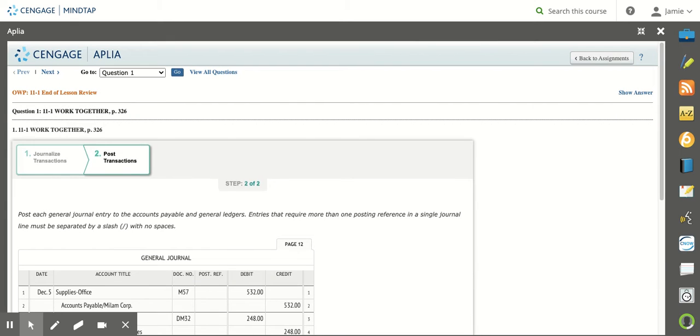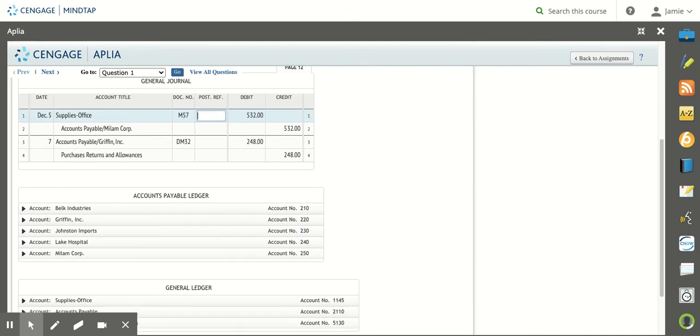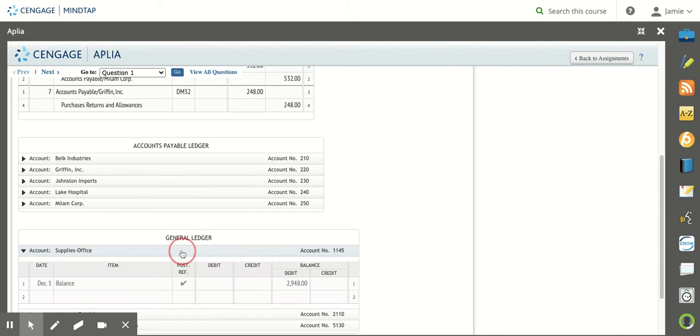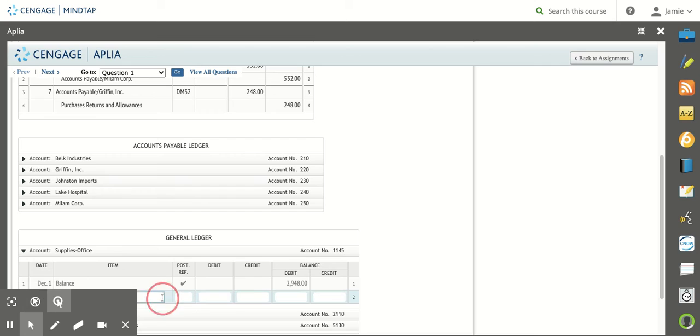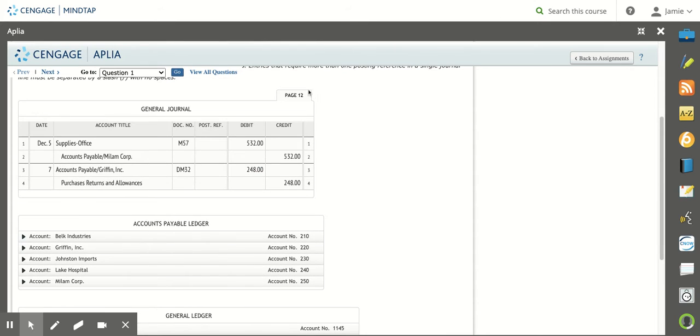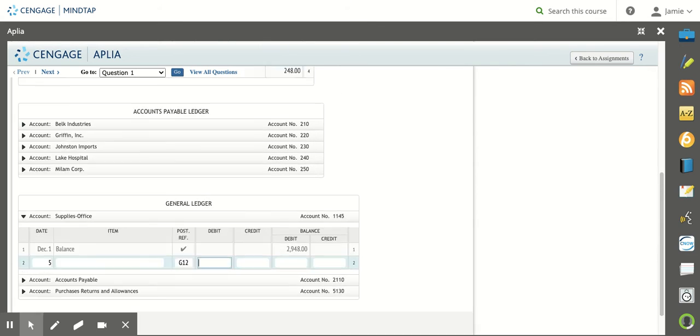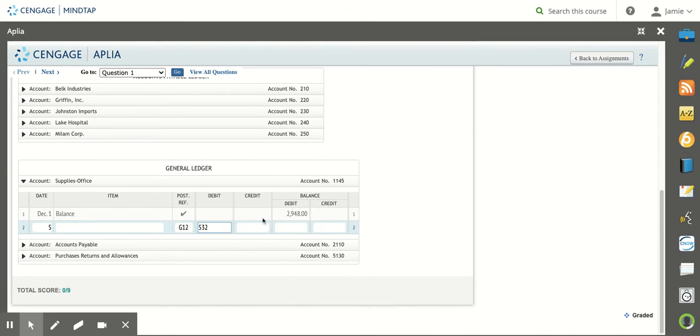So when we're posting these, we want to make sure that we post to 2 accounts anytime we have a backslash. So for December 5th, supplies office, that's like we've always done it. We'll go to our supplies office in the ledger. We'll get December 5th. This is coming from General Journal, page 12. You can see that right here, General Journal, page 12. So we have G12. It was a debit of $532.